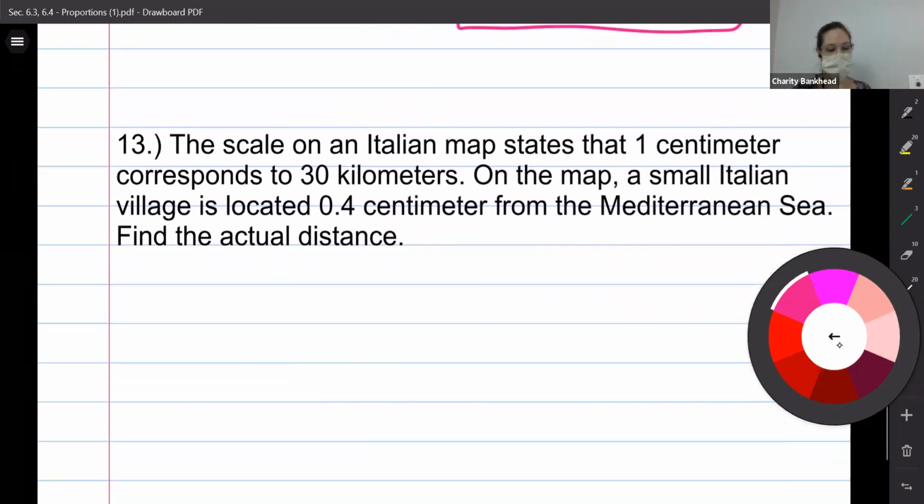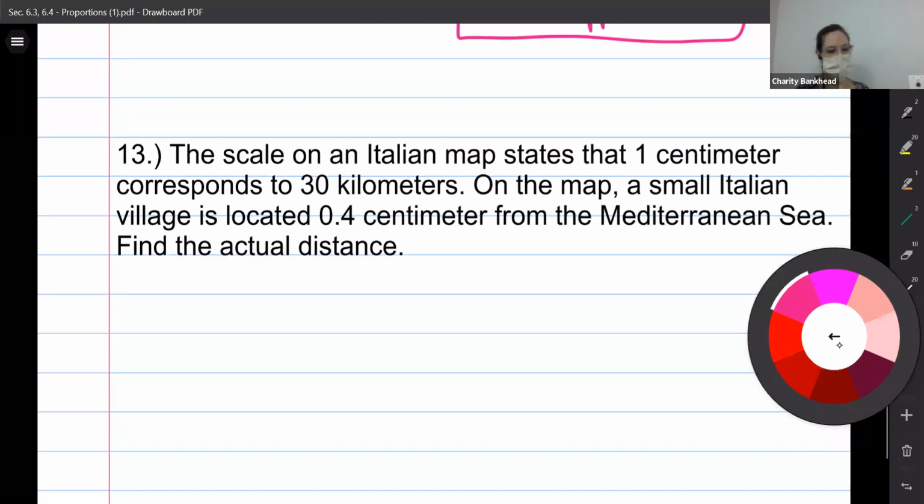All right, number 13 says the scale on an Italian map states that 1 centimeter corresponds to 30 kilometers. On the map, a small Italian village is located 0.4 centimeters from the Mediterranean Sea. Find the actual distance.